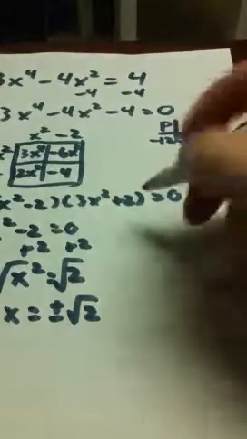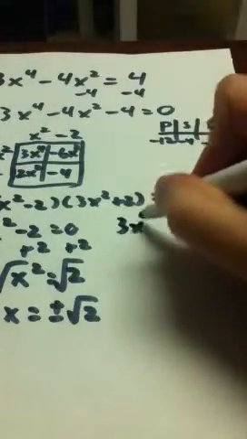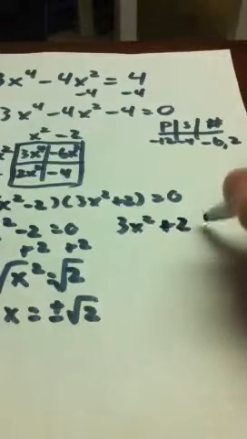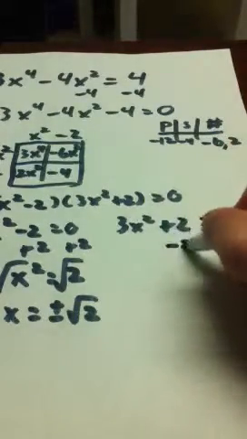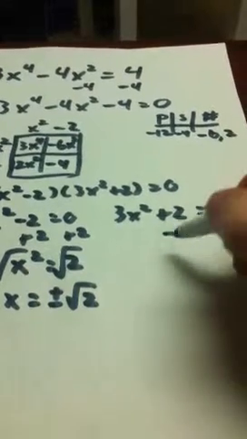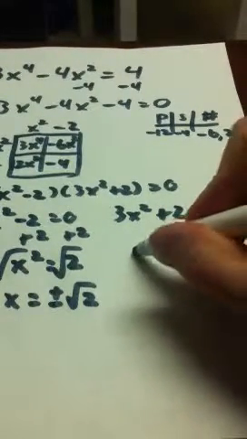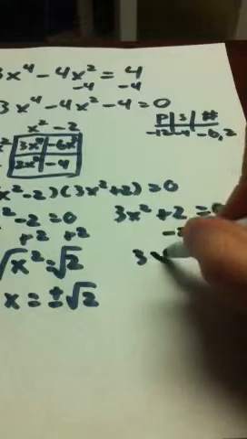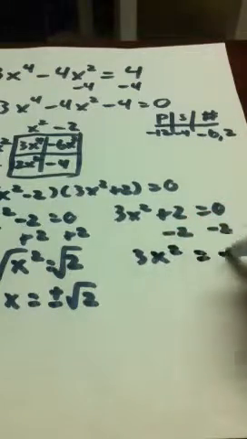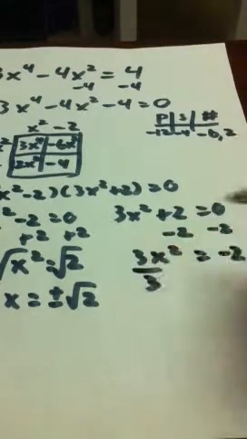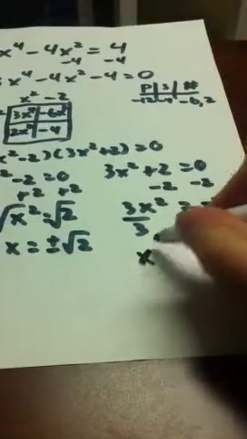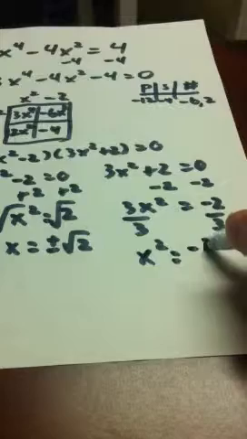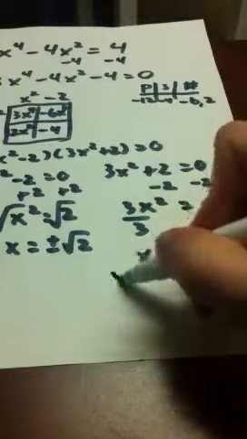So now we're going to focus in on the second parenthesis, 3x squared plus 2 equals 0. Again, solve or isolate the x squared so I can solve for x. Minus 2. I get 3x squared equals negative 2. Divide by 3. I get x squared equals negative 2 thirds.